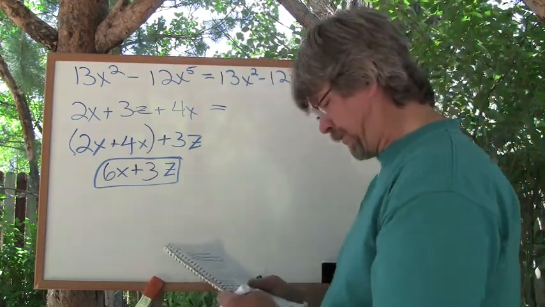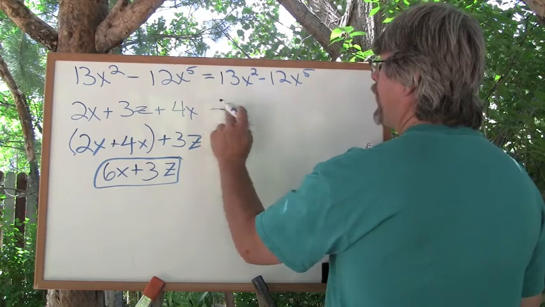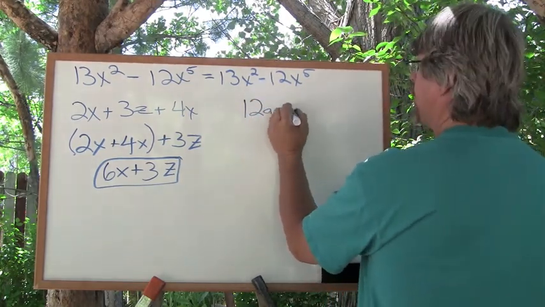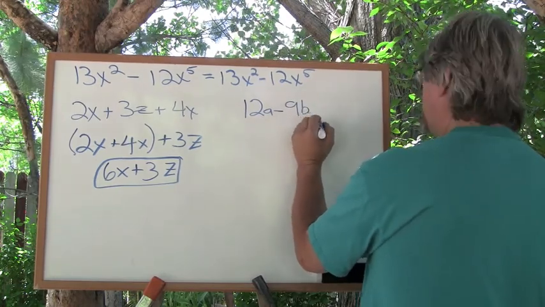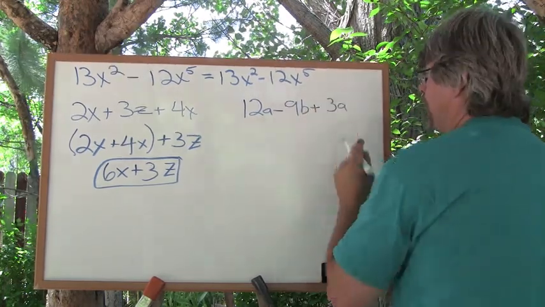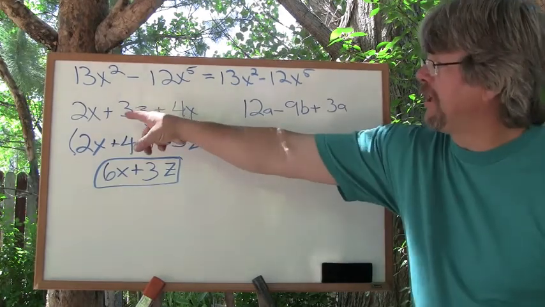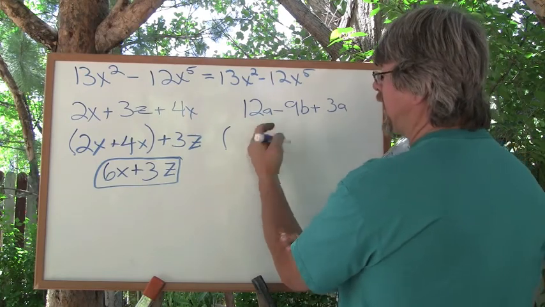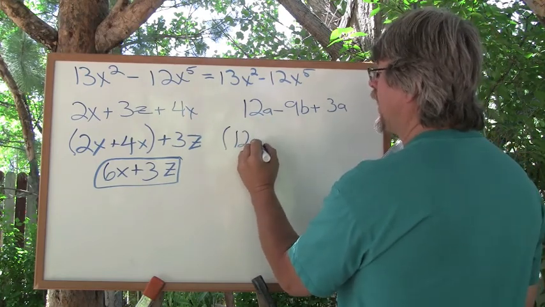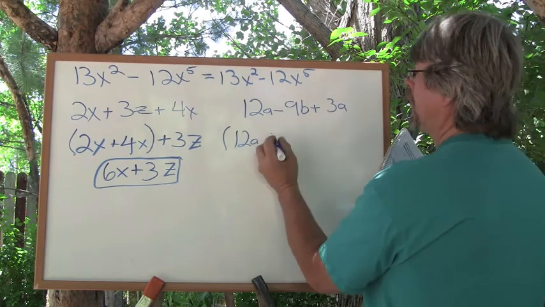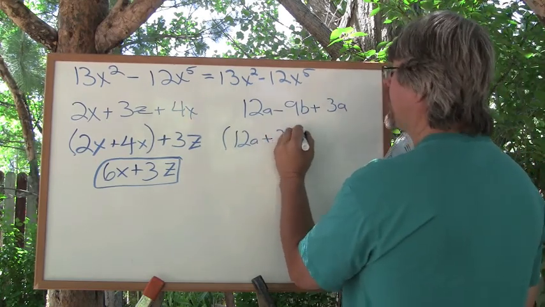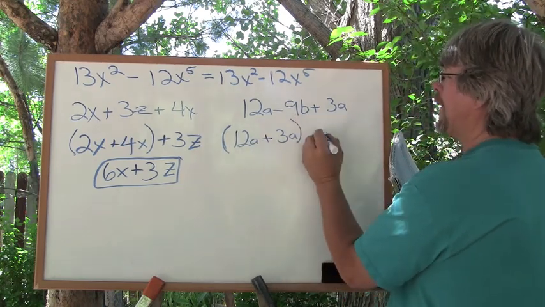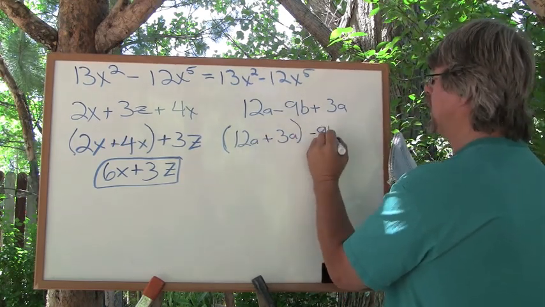Very most important. Okay, let's say we have 12a and we subtract 9b and we add 3a. It's the same principle here as we did here. We want to put the like terms together. In this case, 12a plus 3a. We want those together separated from the rest of them in our friends, the parenthesis, and then we subtract 9b.